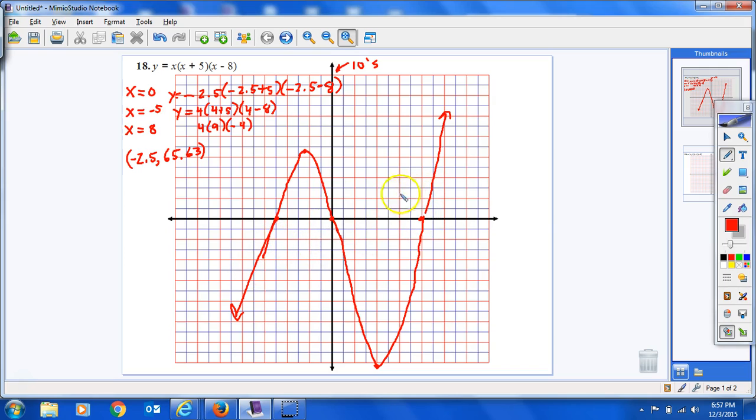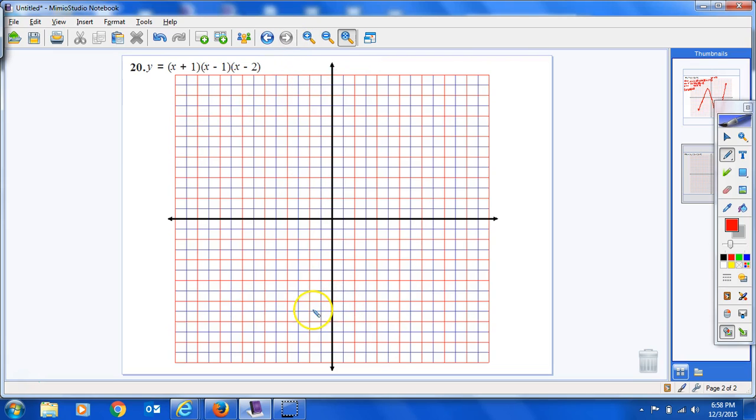And so the degree is odd, which means that the left side of this function will do the opposite of the right side. So that would be your rough sketch graph without using a graphing calculator, just doing a rough sketch, picking a few points in addition to our x-intercepts. That's what the graph of this function would look like.